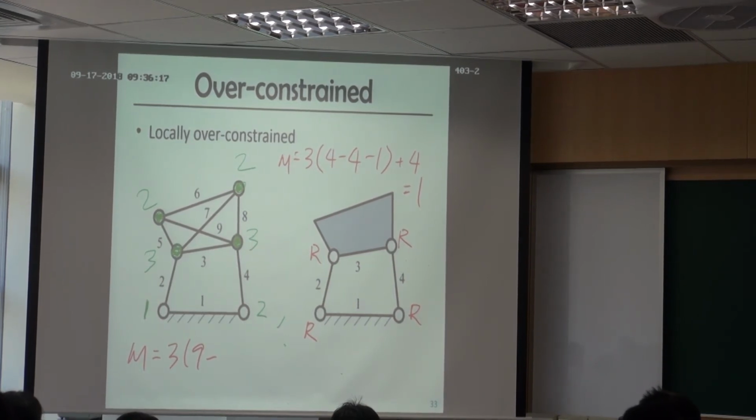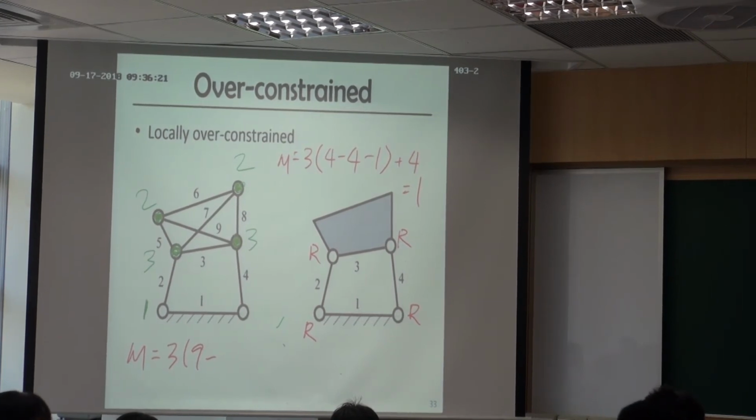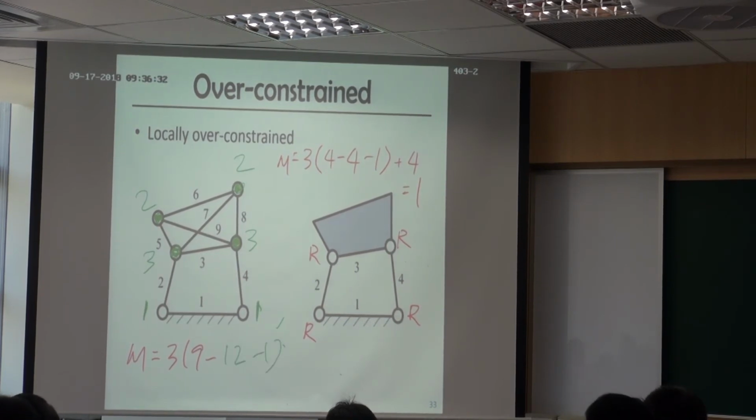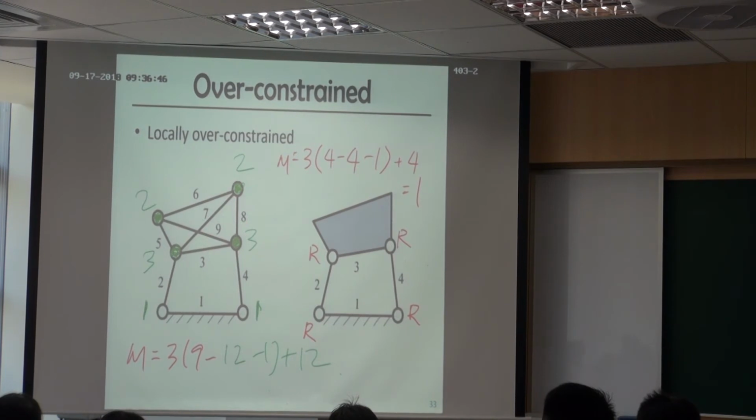So in total we have 12 joints in this case. So it's 9 minus 12 and minus 1. Because each joint contains 1 degree of freedom, we need to plus 12 back.